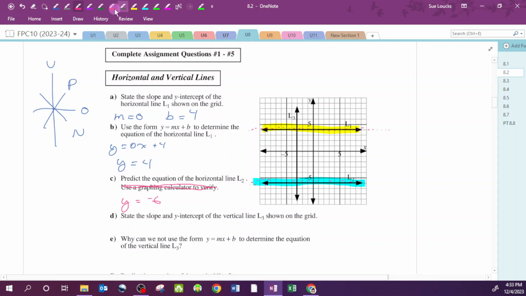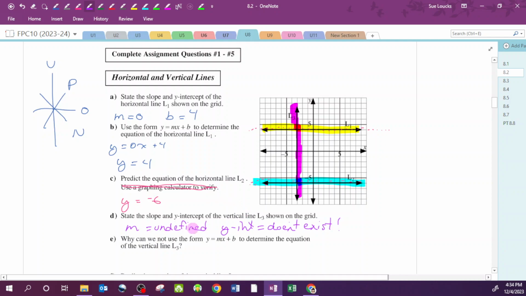Moving on, state the slope and intercept of the vertical line L3, which is this one. What is the slope of a vertical line? Well, it's undefined. It doesn't have a slope, and the y-intercept doesn't exist either.